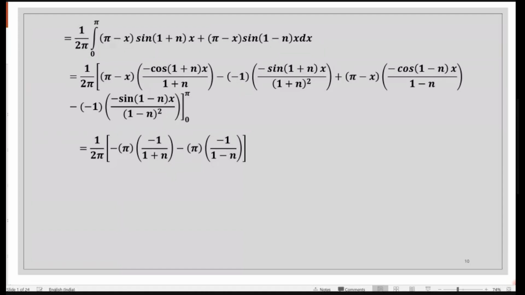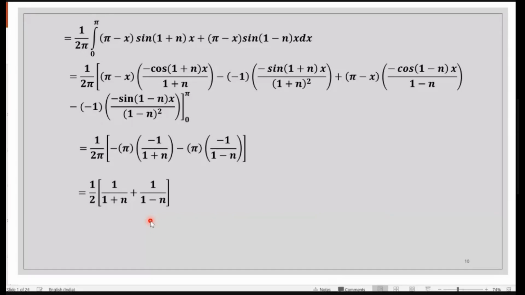Take pi common and cancel out with the outside pi. So we will have minus into minus will become plus, here also plus. So pi will get cancelled, 1 upon 1 plus n plus 1 upon 1 minus n. Take the LCM, simplify, cross multiply.